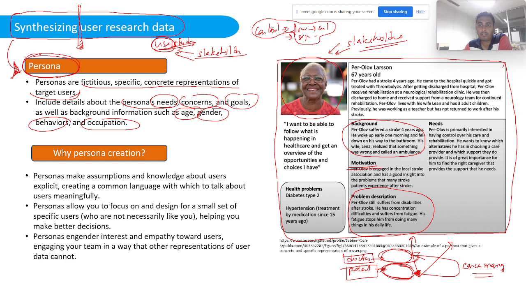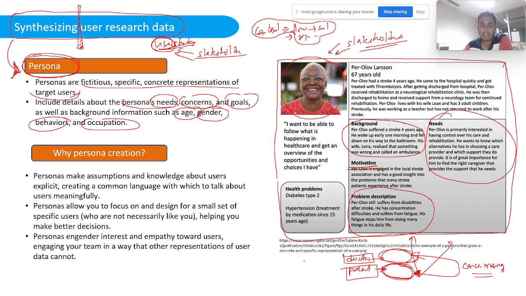So depending upon the stakeholders, we create different personas. If we create this particular person as a patient, then we discuss all the background information, motivation, problem description, and needs of the patient. This person should represent all the patients across a geography.